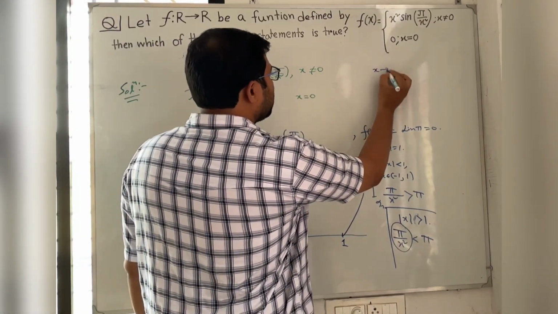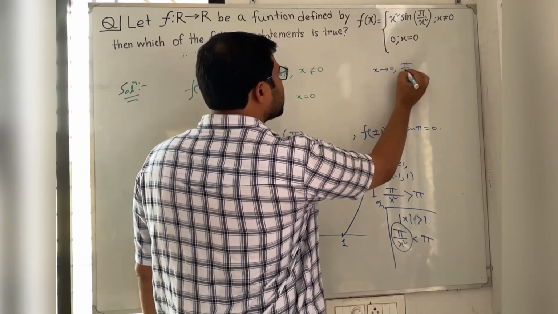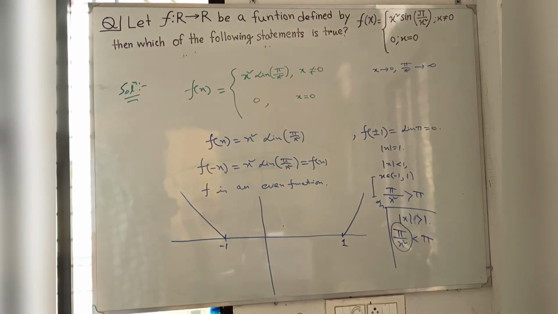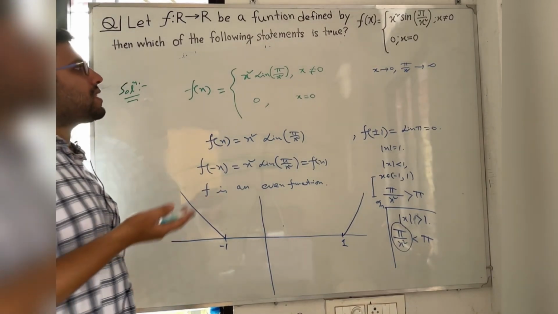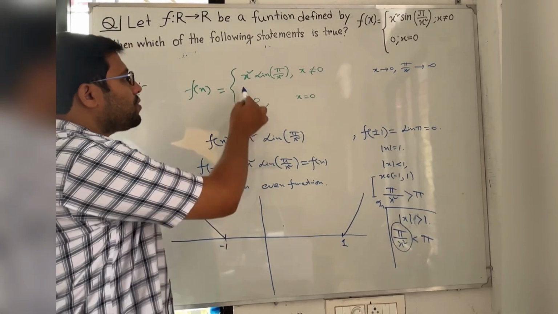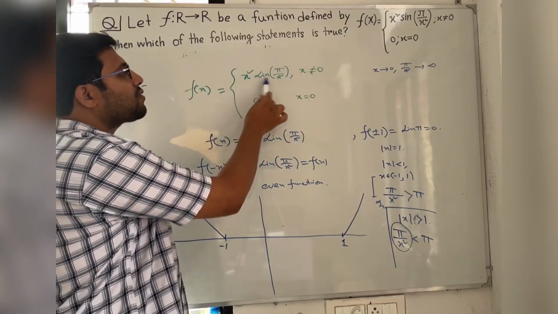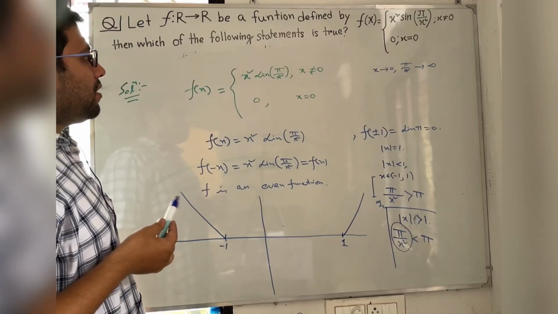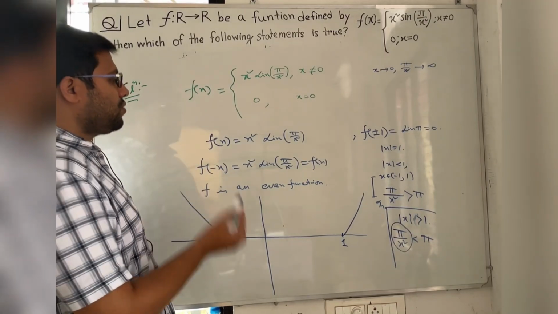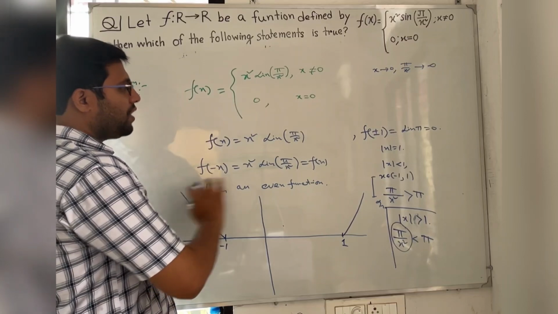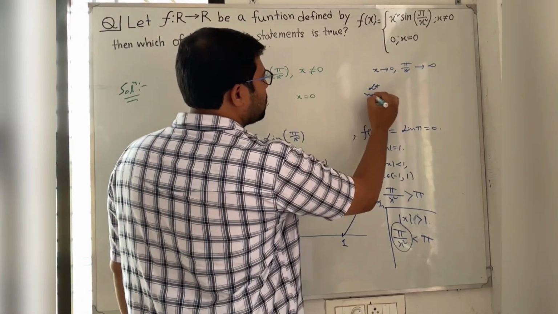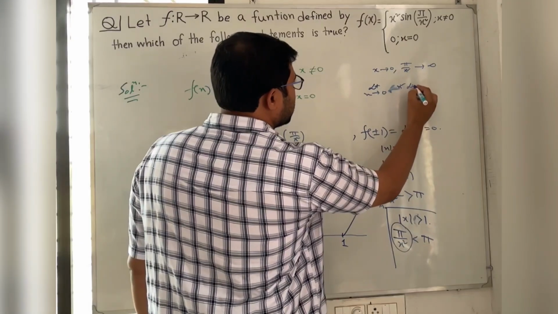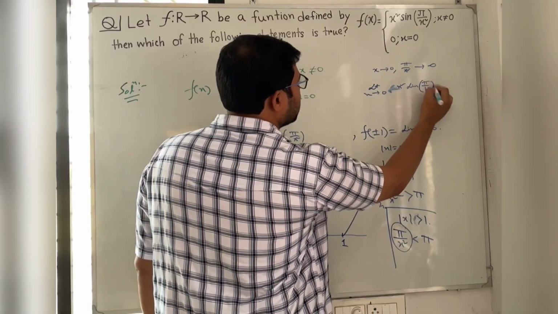Now one more thing: as x tends to 0, pi by x square tends to infinity. So this function f(x), x square sine pi by x square, converges to 0, because we already know that as x tends to 0, x square sine pi by x square is 0.